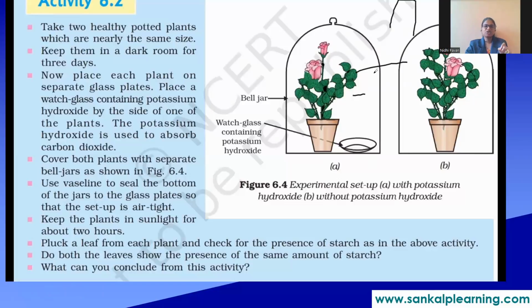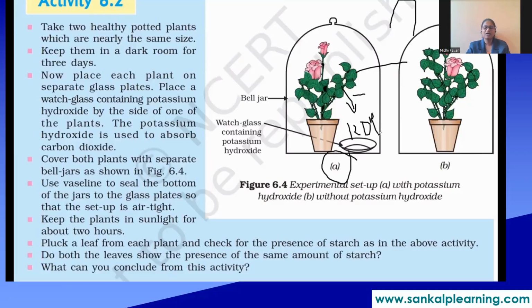If starch or carbohydrate is present, the iodine color changes. If starch is not present, the iodine color will not change. So the leaf of plant A does not show any change with iodine, because the carbon dioxide that would come to the plant is absorbed by KOH.